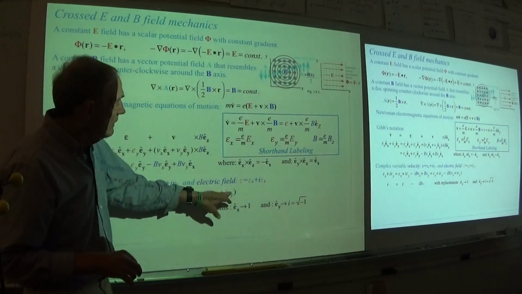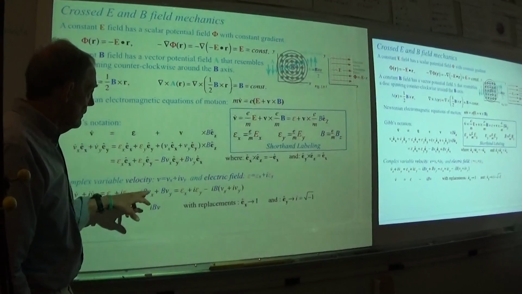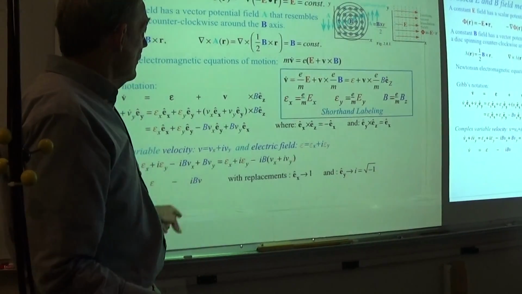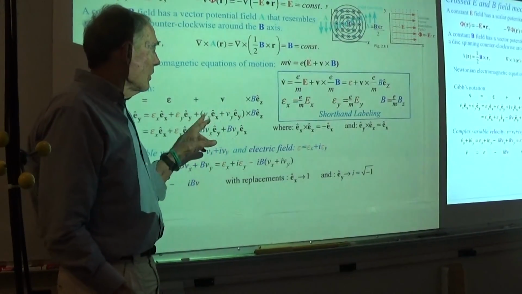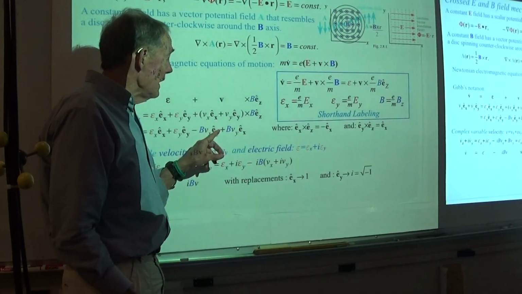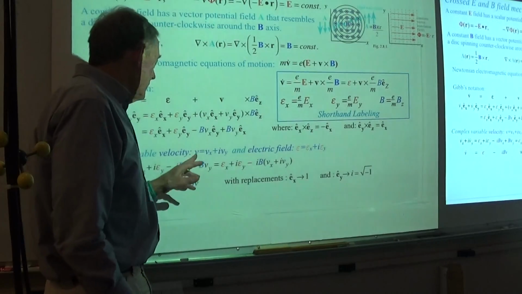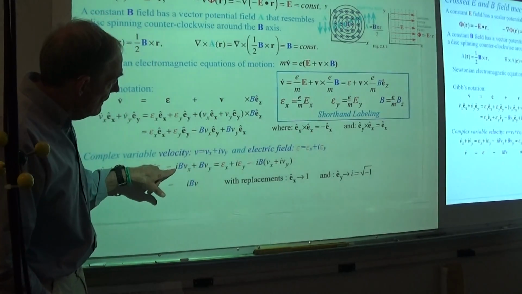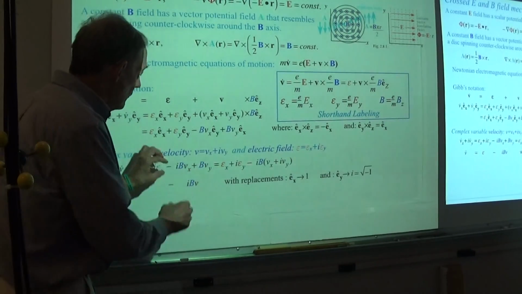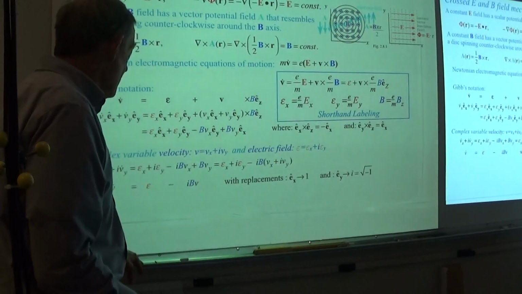So you see the velocity there, and then you've got the electric field right there, and then you've got the b number on top of that. So this cross product is giving you a Vx unit vector y, and this is a Vy unit vector x. Okay, so how does the complex take care of that? Well, it just puts a minus i on this one, and in other words, basically this has to go down here if it's going to be in the place where you normally put the imaginary part.